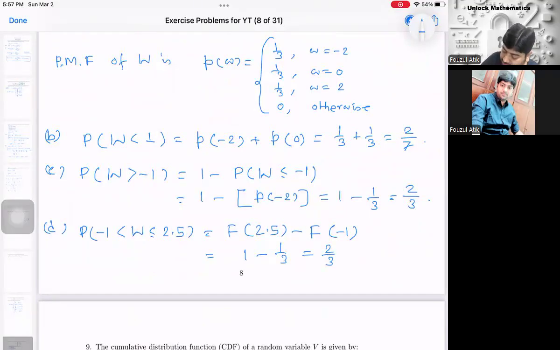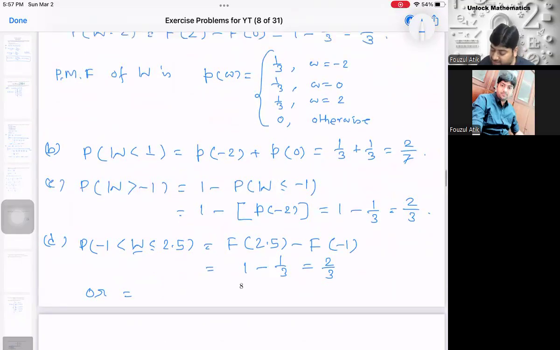Or you can do the same thing: W is between -1 and 2.5. What W values are there? The value can be 0 and the value can be 2 also, right? So it is P of 0 plus P of 2, which means 1 by 3 plus 1 by 3. It is 2 by 3. In both ways one can do this.